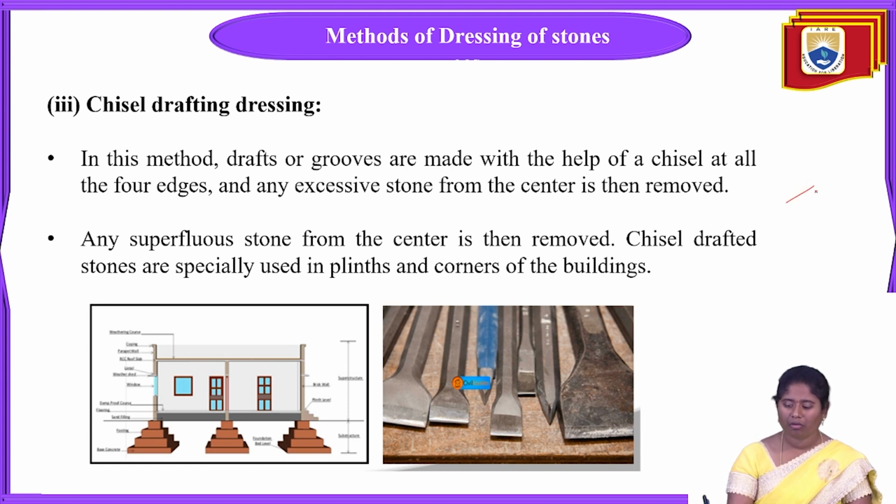Means if this is the stone, with the help of this chisel we are going to make grooves on this overall stone. Okay. Why? Because if these grooves or drafts are made, the chisel-drafted stone can be easily placed for the plinth beams.